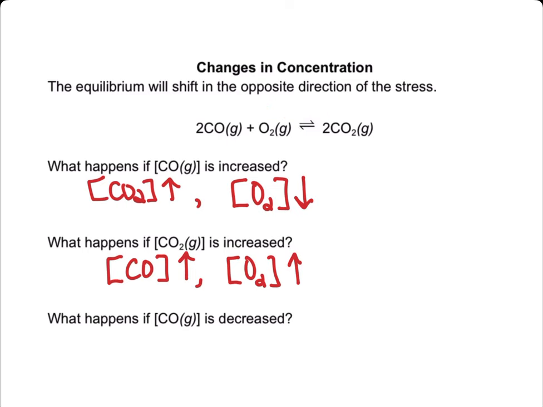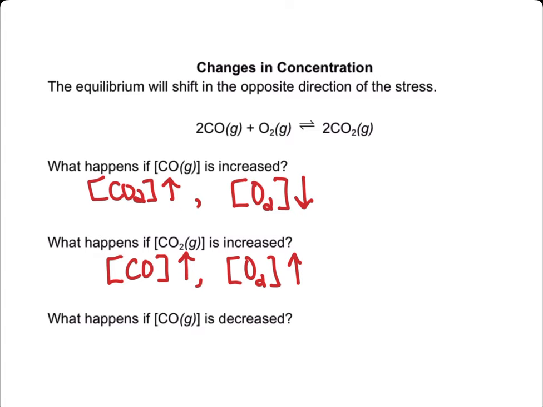And what happens if the concentration of CO is decreased? Now, we've explained Le Chatelier's principle in terms of adding stress. The wording of this question can mess you up a little bit. It says, what happens if CO is decreased?